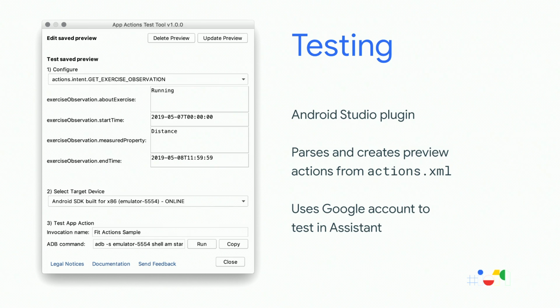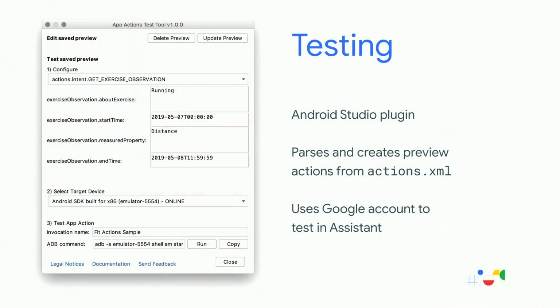And it creates a special App Actions preview just for the Google account that's logged into Android Studio. Then, on your test devices, as long as you're logged in with the same Google account, you can immediately test those app actions. Now, it's worth noting that that Google account must also have access to that package name in the Google Play console so that we know that you're an owner of that particular package.